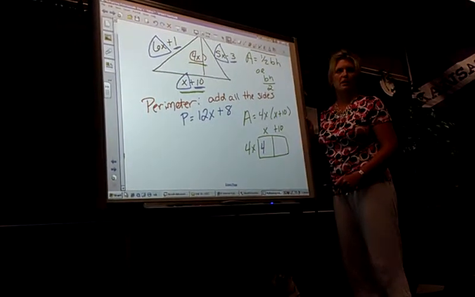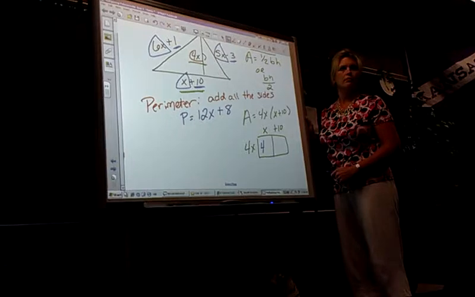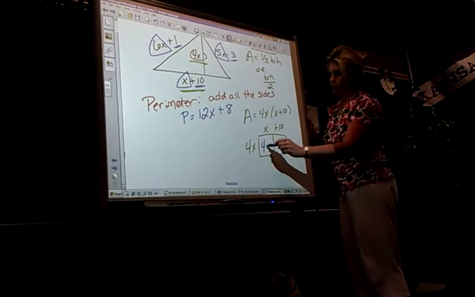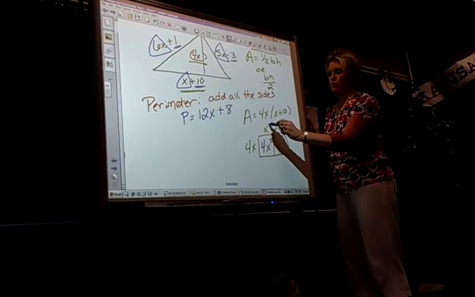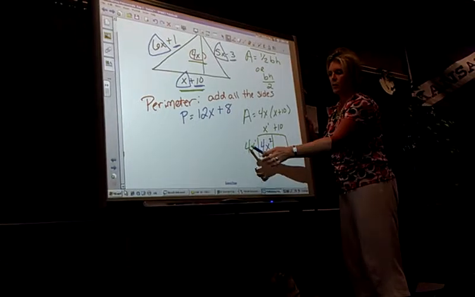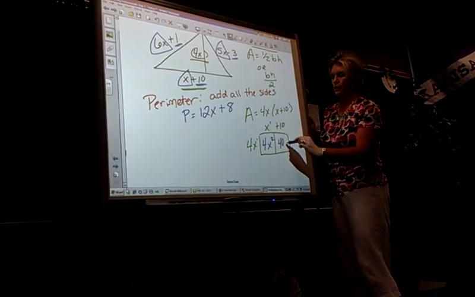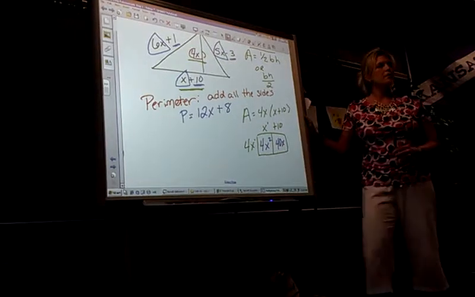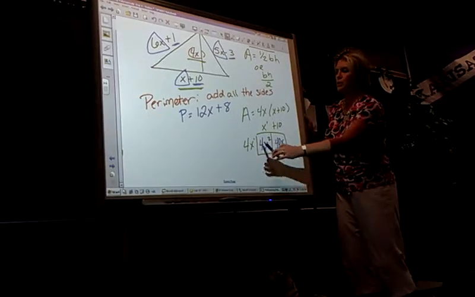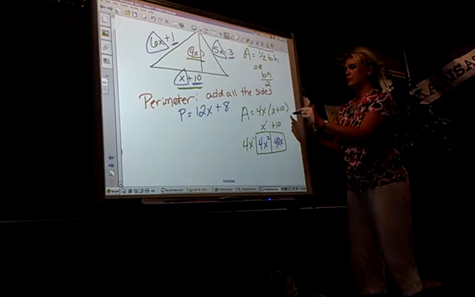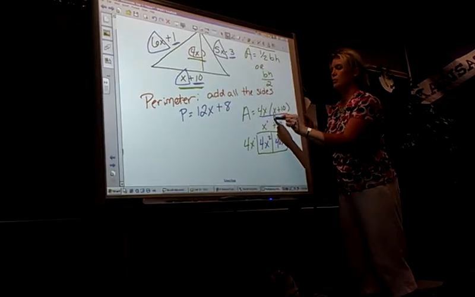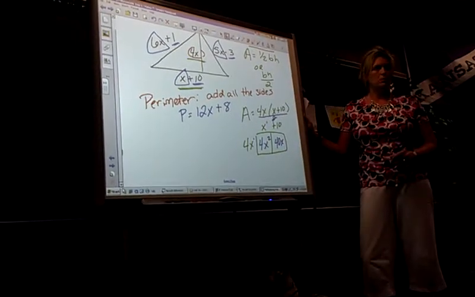What's x times x? X squared. Remember? Then you take 4x times 10, 40x. Now, this in the blue is not my answer yet. Remember, you have to divide it by 2.